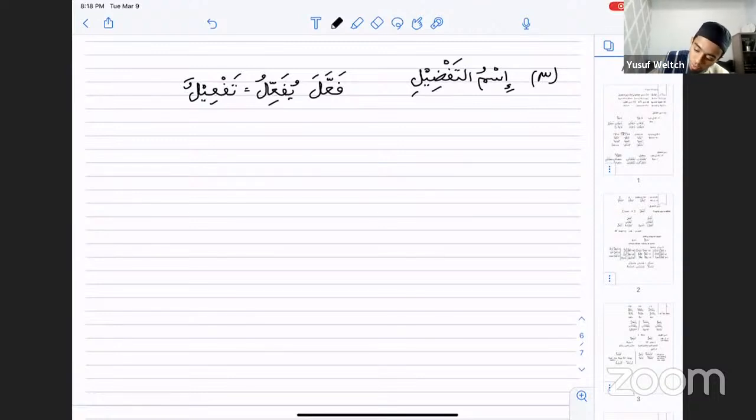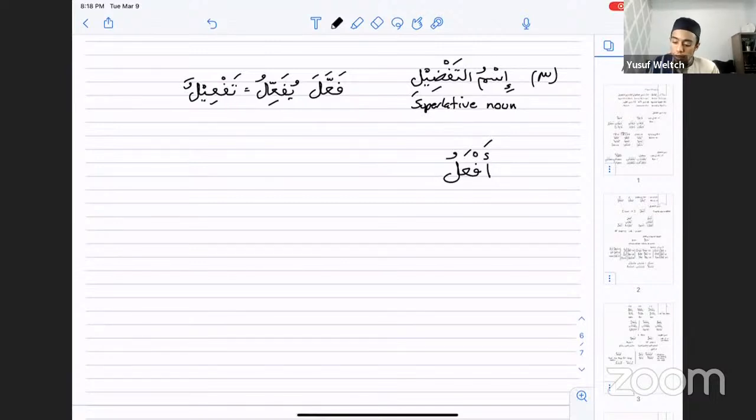So ism tafdil is the superlative noun. What it does is it compares one thing to another. This is better than that. This is bigger than that. This is taller than that. So how do you make it? The form is made by putting your 3-letter root on the pattern of af'alu.